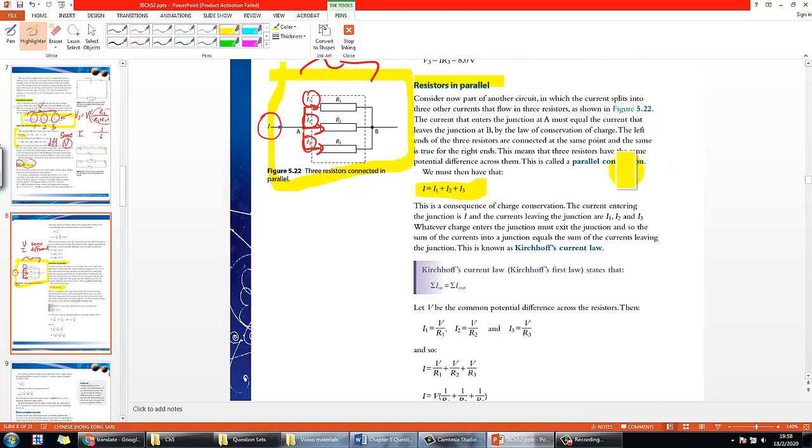And here is a new name that we would like to introduce to you in IB. This law, I just realized that I've been pronouncing it wrong.